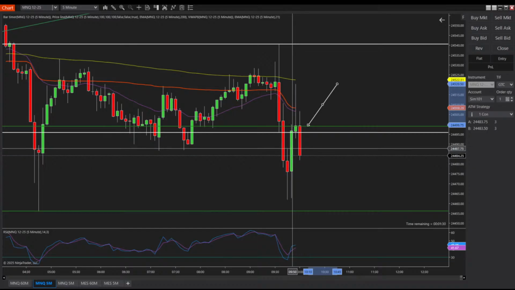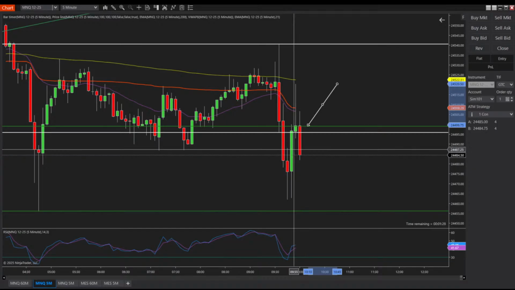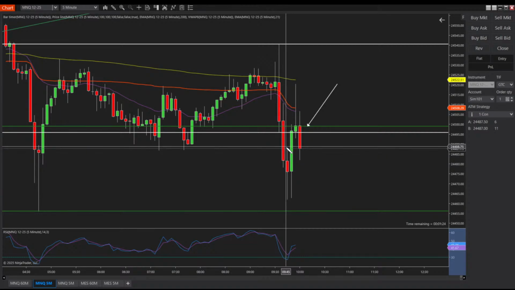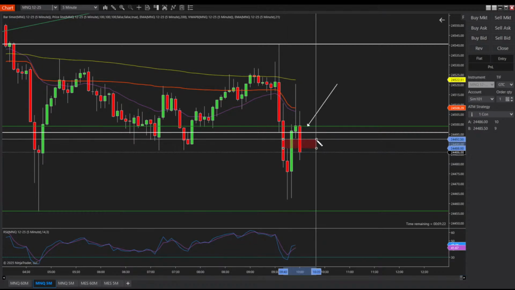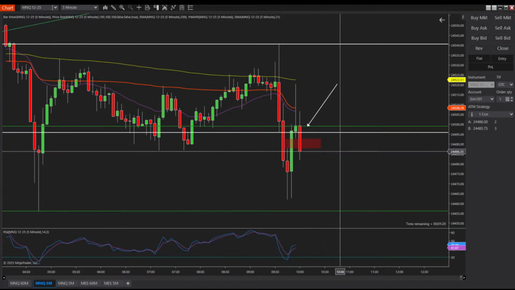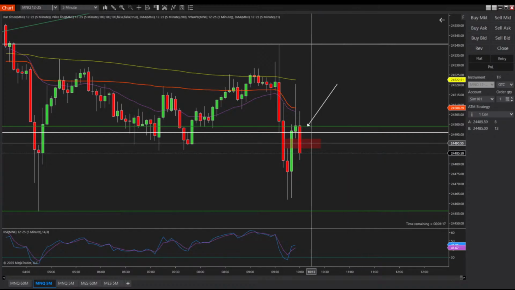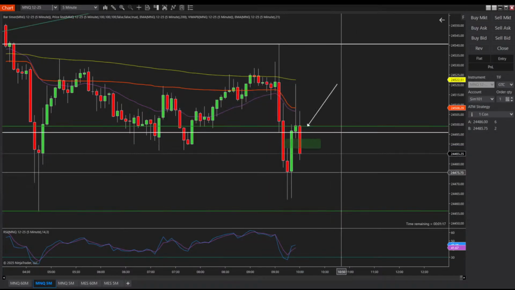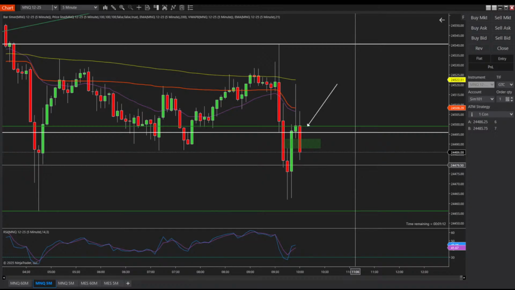If we overlap this bullish fair value gap here, we're looking for some shorts. If we overlap it, then we invalidate it or disrespect it.